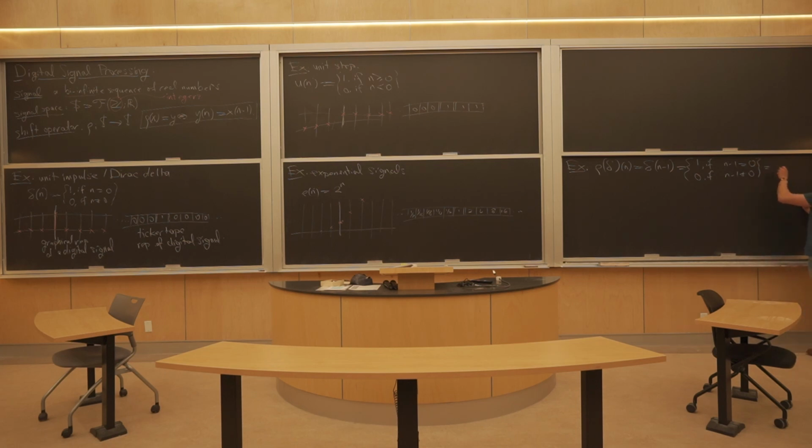And again, I can simplify this a little bit. It's 1 if n is equal to 1. It's 0 if n is not equal to 1. So this is the right shift of Dirac delta.